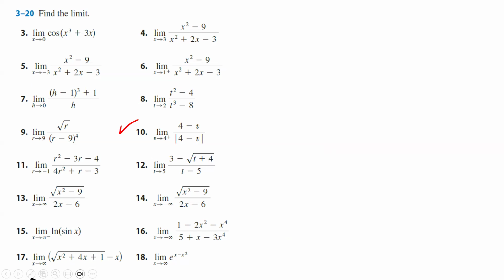Right, so we're good. I got the answer. What answer did you get? Positive infinity. Okay. The infinity symbol is appearing very often.